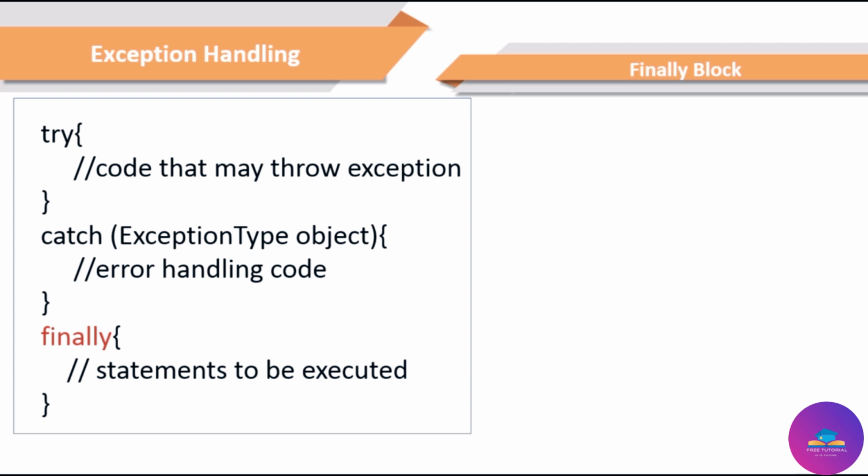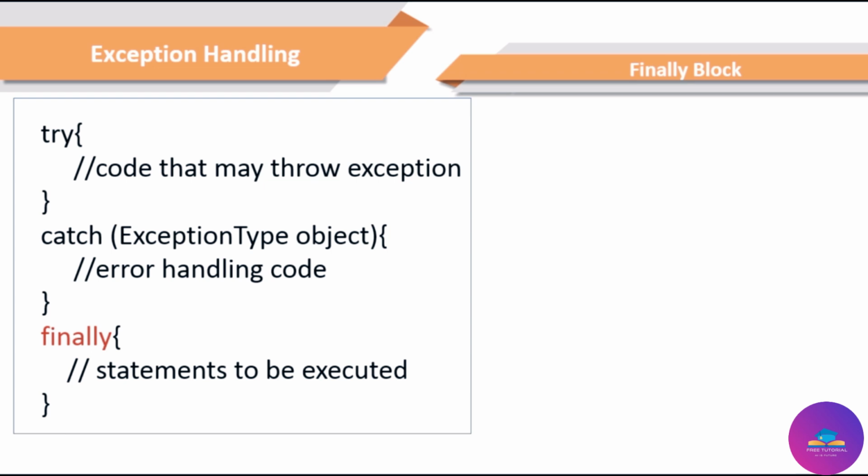So in that situation, some code, such as closing a connection, will just never get called. Java provides the finally block to deal with these exceptions. The finally block is always executed whether or not the exception is handled, and the finally block follows try or catch blocks.